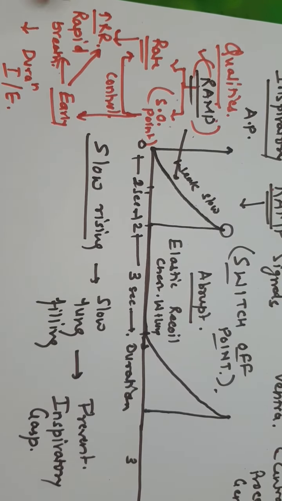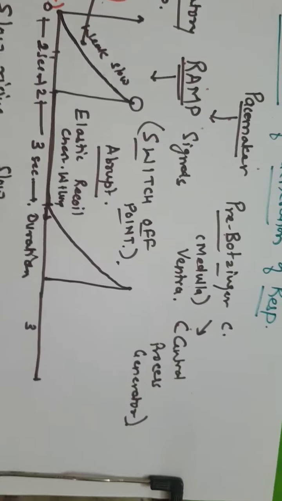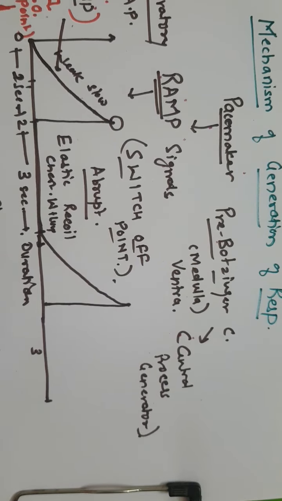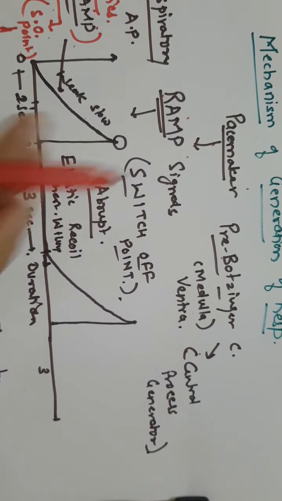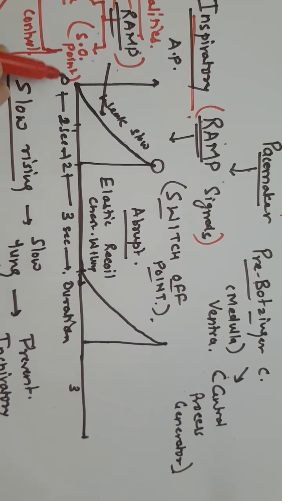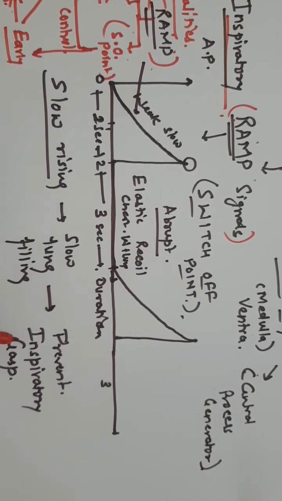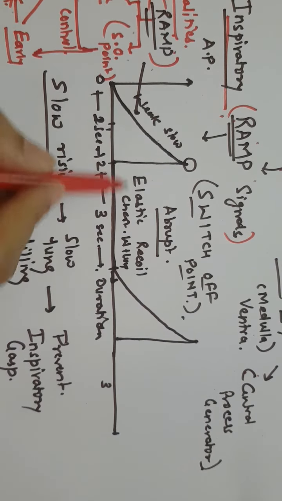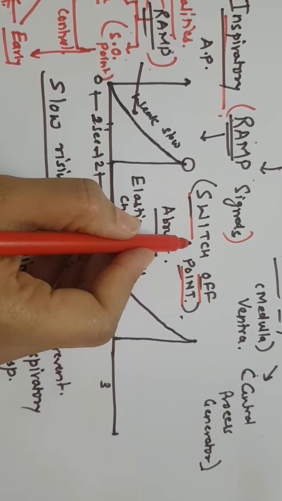So this is how there is generation of respiration. The inspiratory ramp signals are slow and weak, which is very important for slow lung filling, and it will prevent the inspiratory gasp. Just keep this switch off point in mind because it is important for the next regulation system.